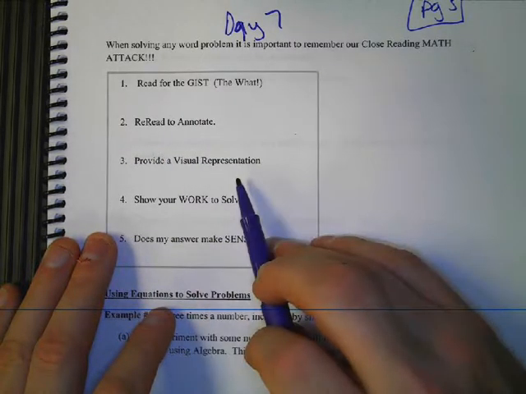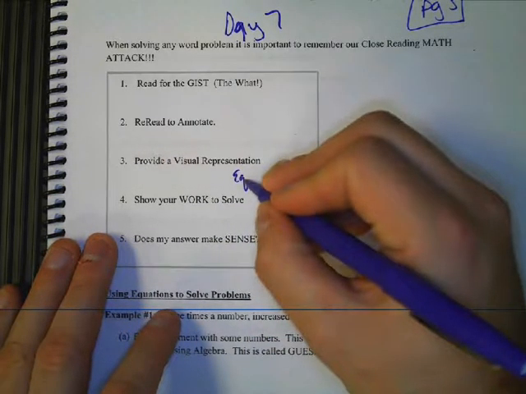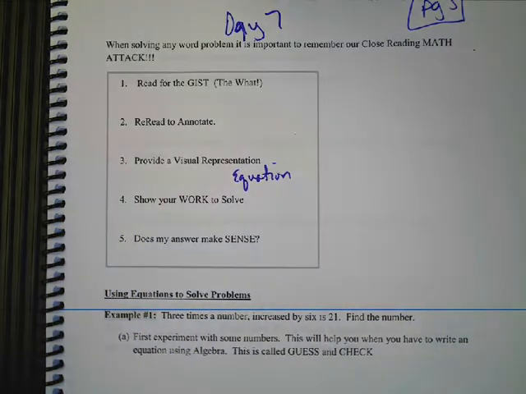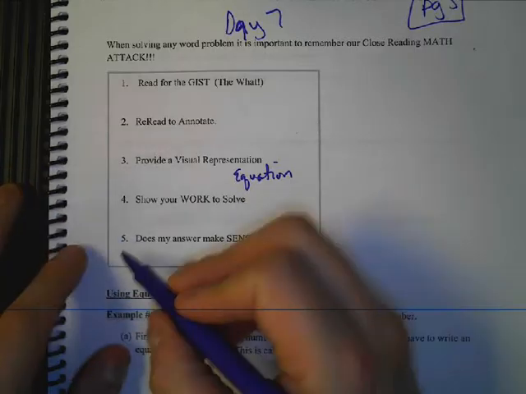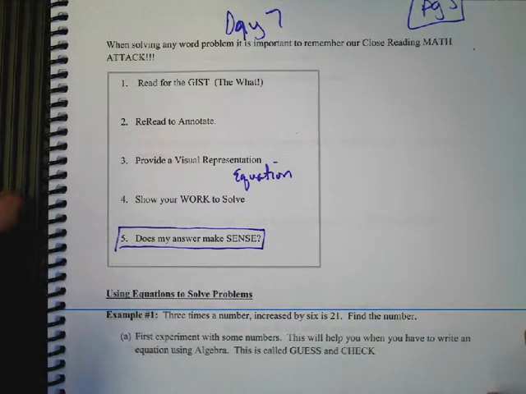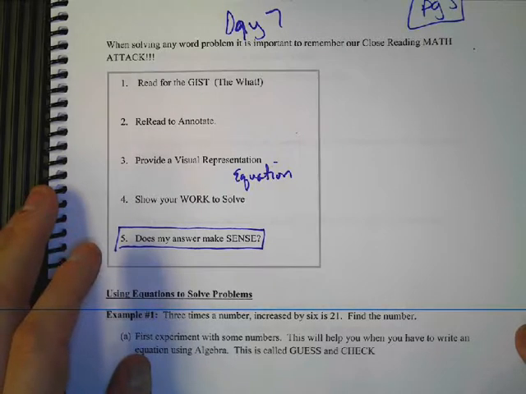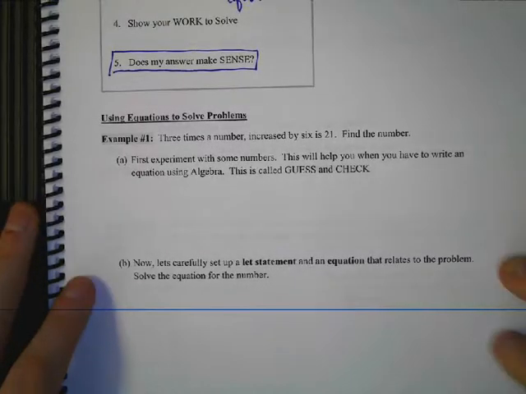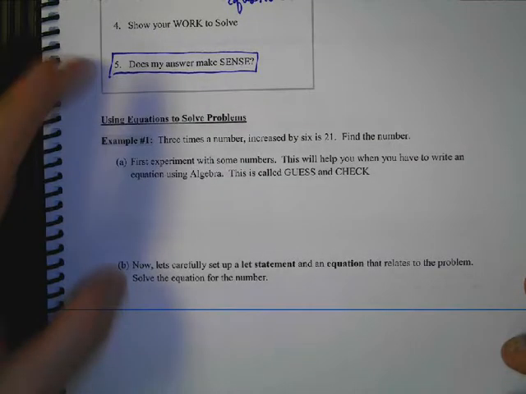Provide a visual representation. We'll use an equation to do that for some of these problems. Some of them we may draw pictures. Show your work to solve, and this is probably the most important thing. When you're done, does your answer make sense? Okay? Verify.